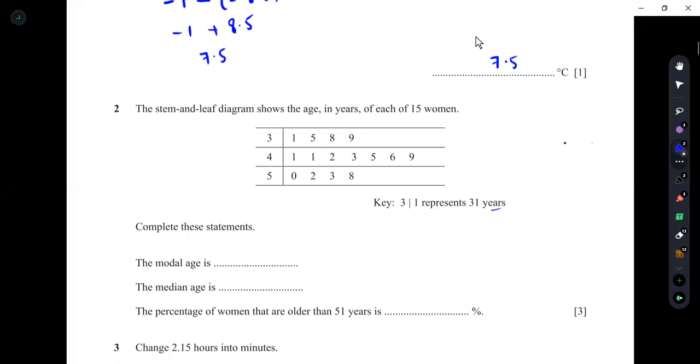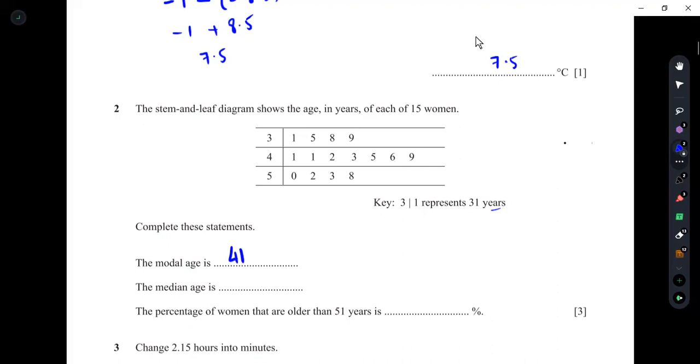If you look at the numbers, 1, 5, 8, 9, no repetition is here. So it is 31, 35, 38, and 39, all are different. 41, 41. So 41 is repeating twice. No other number is repeated more than once. So it means mode should be 41, not 4, not 1, 41. So modal age is 41.